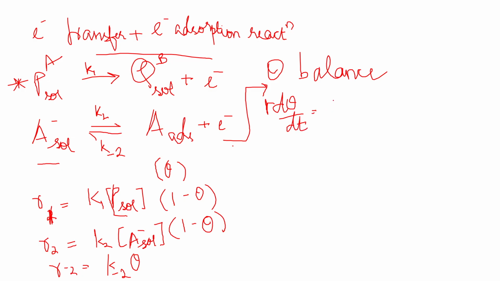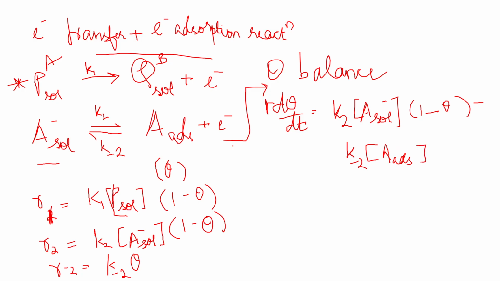equal to K2 A solution into 1 minus theta, minus K minus 2, because in the second, if it is a backward reaction, it is the A adsorbed that is getting consumed.